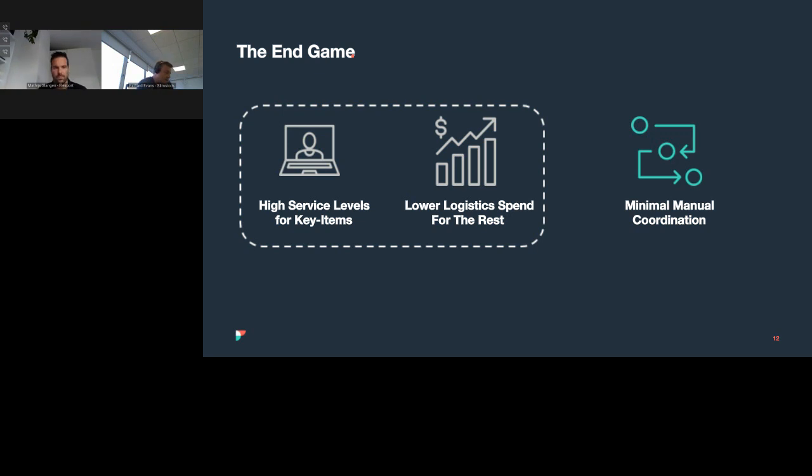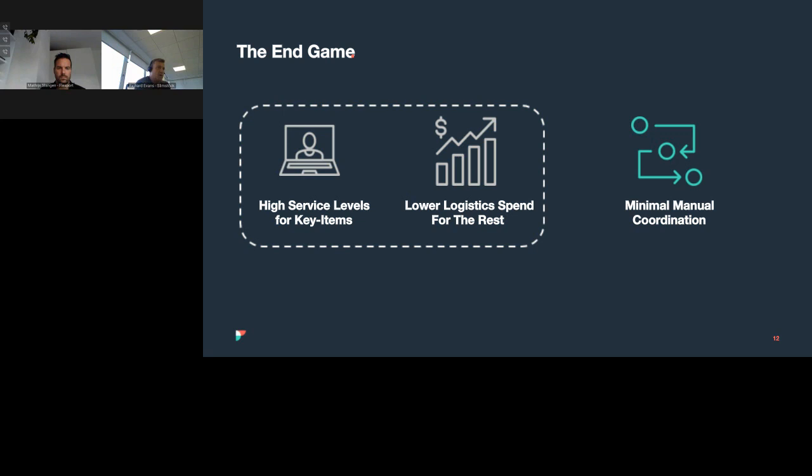But they're really high service levels on those key items. And of course, as we've mentioned before, increasing your customer loyalty and your revenue on those. But this needs to be balanced as well with the logistics spend for the rest of those items. We don't just want to have these high service levels at any cost. So it's a constant balance.